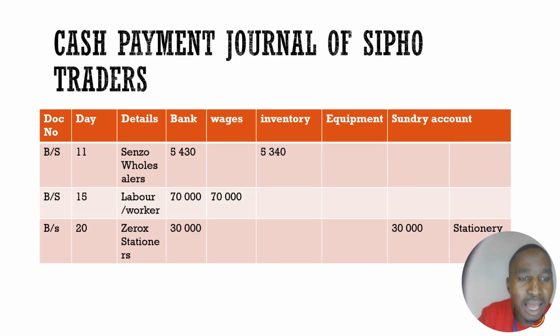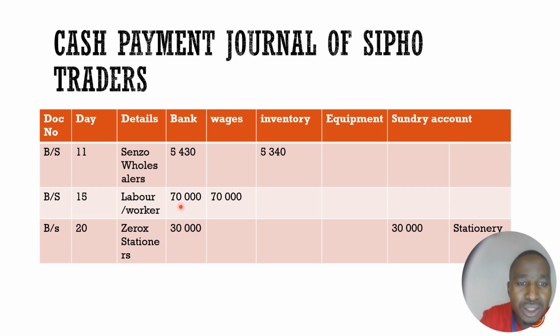There it is. Last transaction, you have your source document number, that is bank statement. And it happened on the 20th. Today is 20th. And then on the details, where did you buy stationery from? You write Xerox Stationers. And then the money that went out of your bank account when you were purchasing that stationery, it was 30,000 rands.